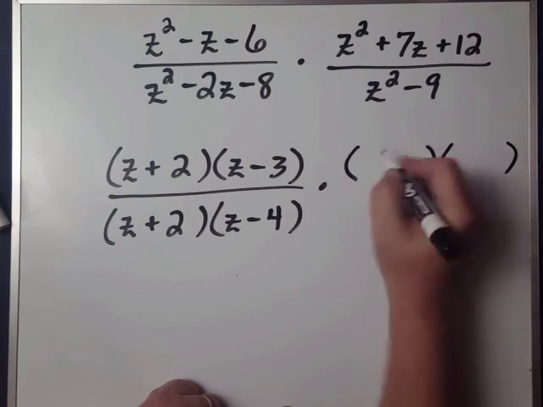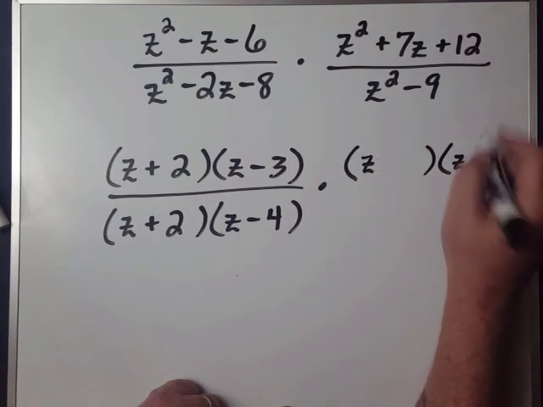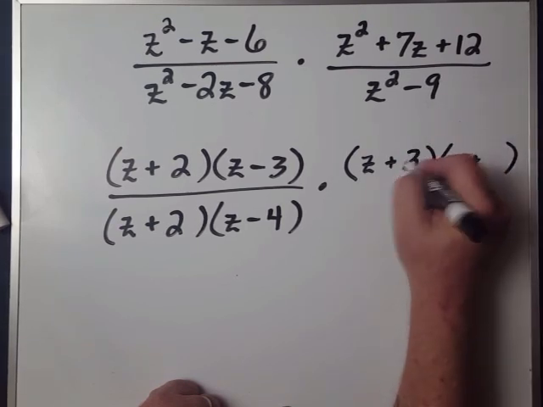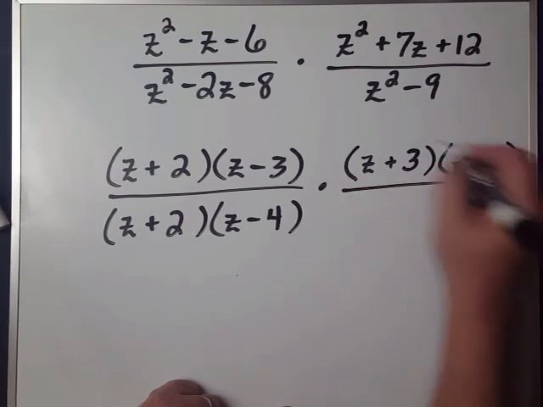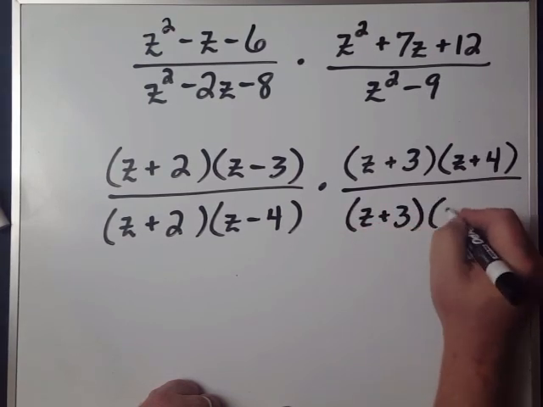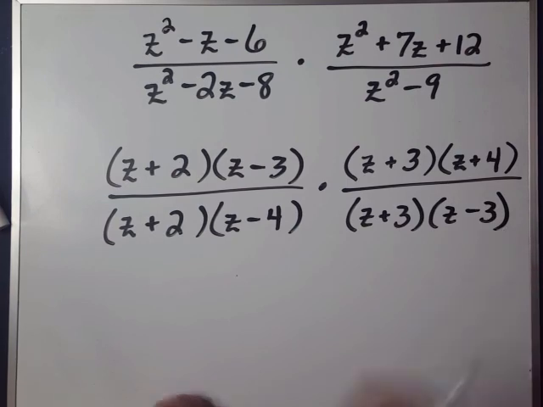Pair of binomials, each starts with z, signs are the same, they're both positive, product of 12, sum of 7, it's got to be 3 and 4. And finally, a difference of squares, first plus the last, first minus the last.